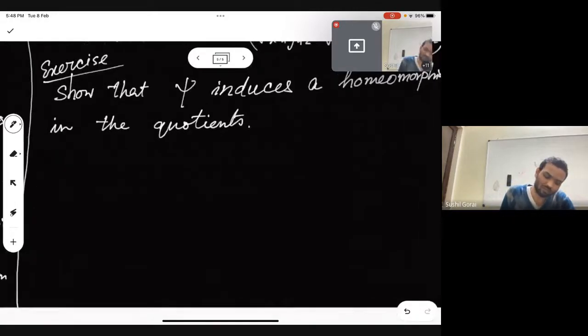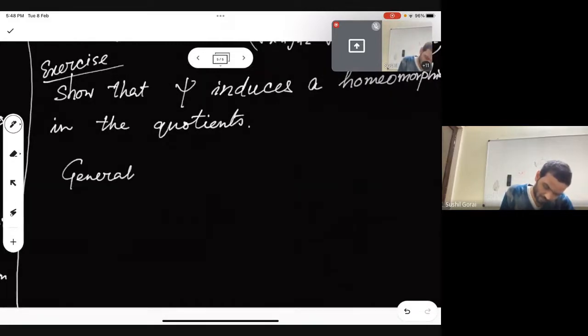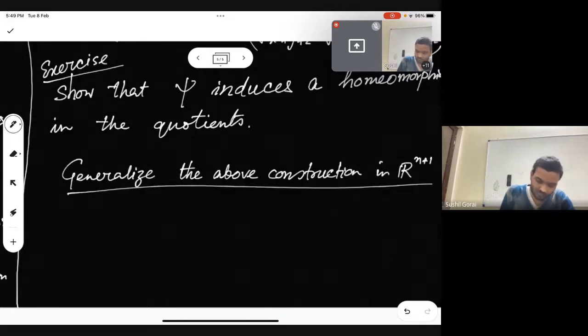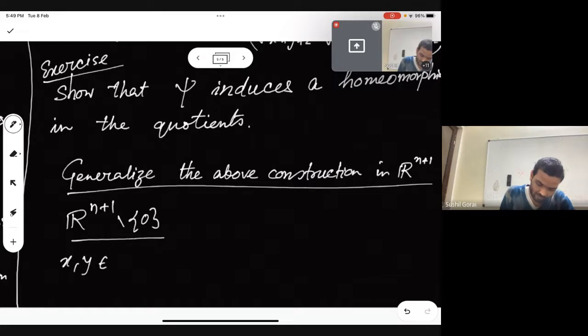Now we generalize the above construction in R^(n+1). You consider R^(n+1) minus the origin.